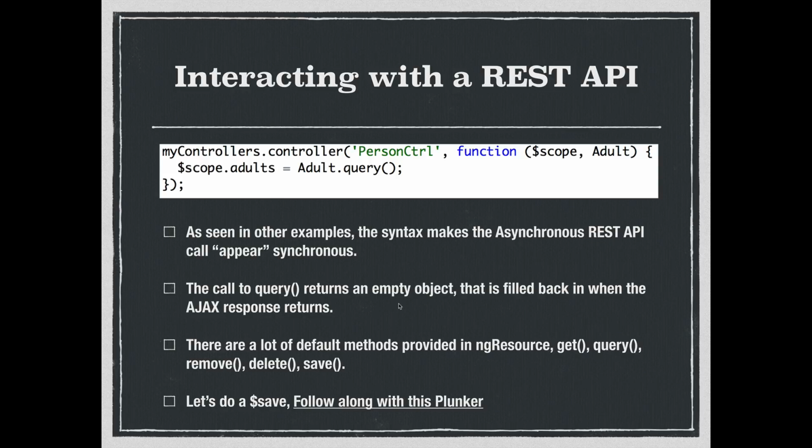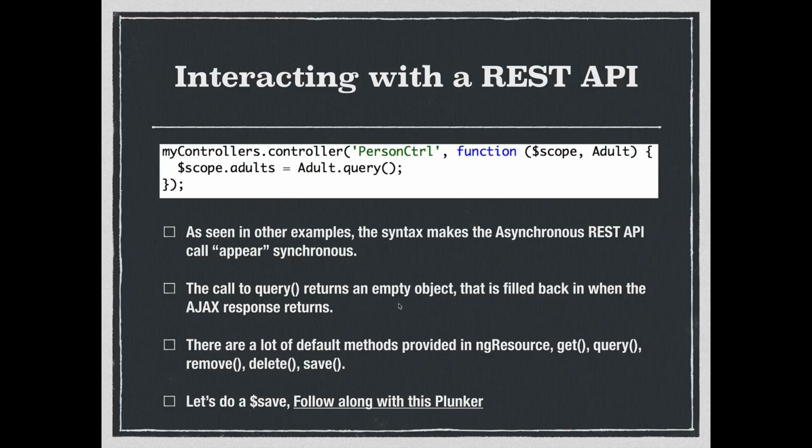And we know, if that's a REST API, that's an AJAX call, right? Even though I've been using a JSON file within Plunker to pull them, it's an asynchronous call. But it kind of looks weird because we're doing something that looks like a synchronous assignment of that adults variable, but it's not.